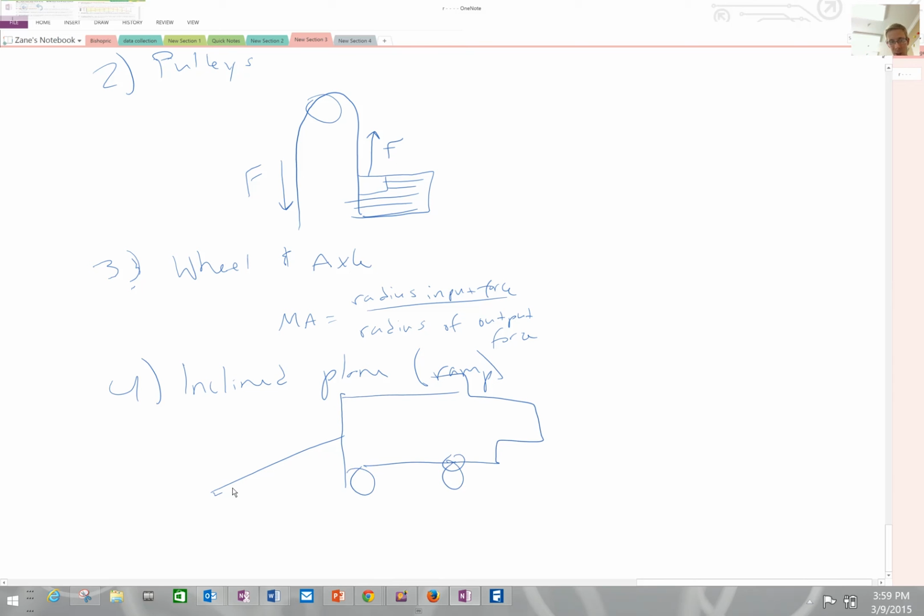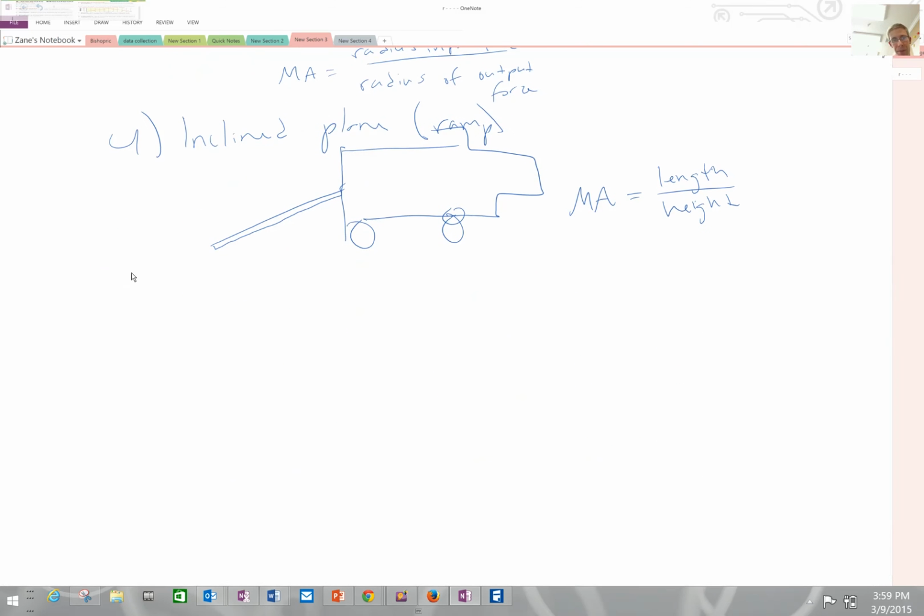But we've got a ramp that's used to push things up into a truck, which makes things easier by decreasing the force required and increasing the distance over which the object is pushed. Now, the mechanical advantage of an inclined plane is equal to the length of the ramp over its height. That's pretty much all I'm going to say about that.